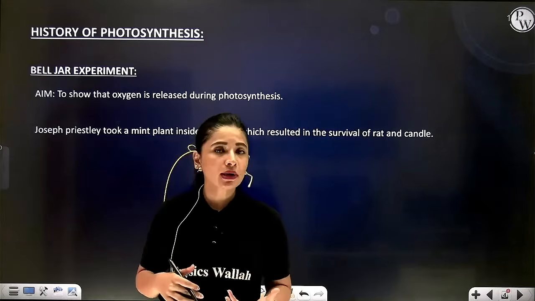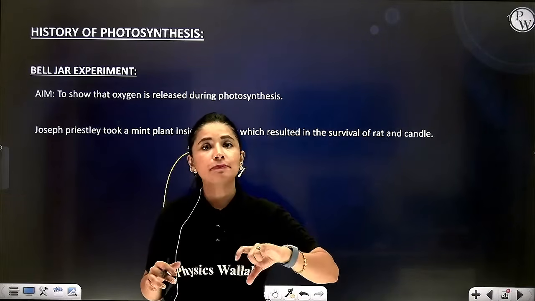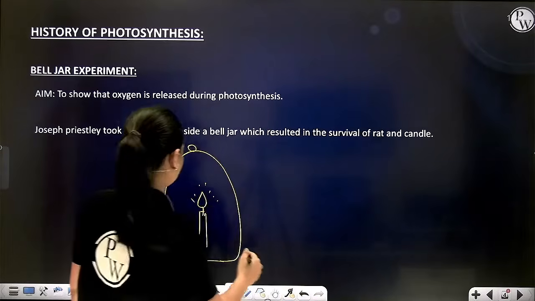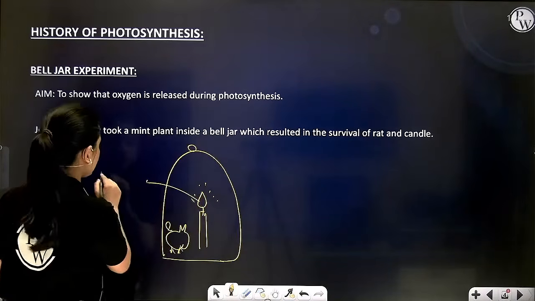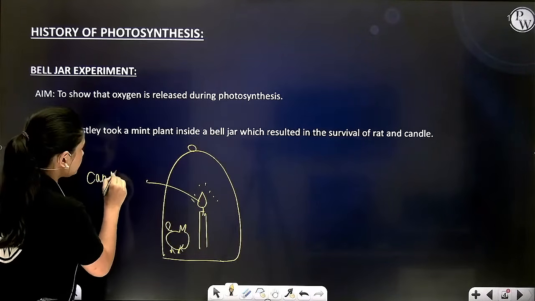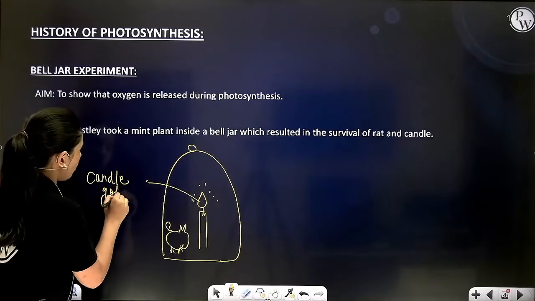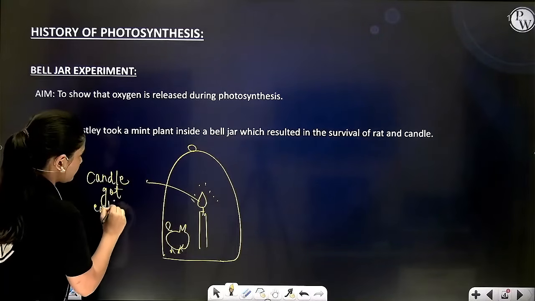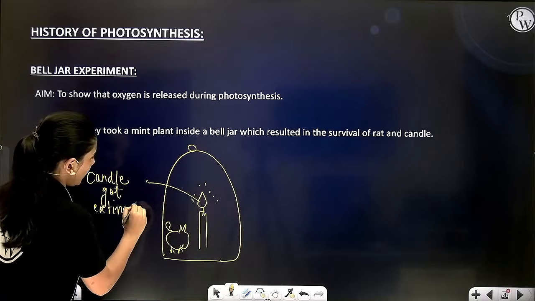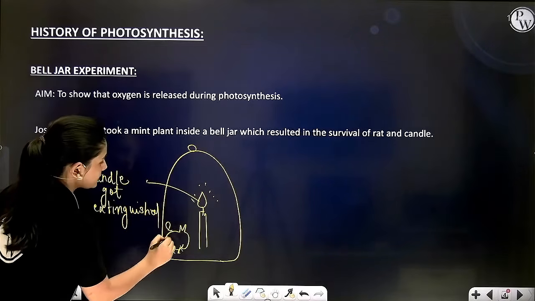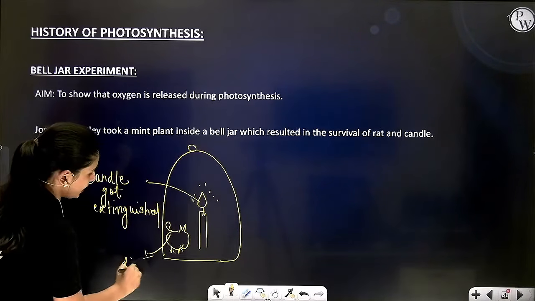So in order to understand that, he now kept a mint plant inside it. After some time you will see that the candle got extinguished, and this live mice will die.